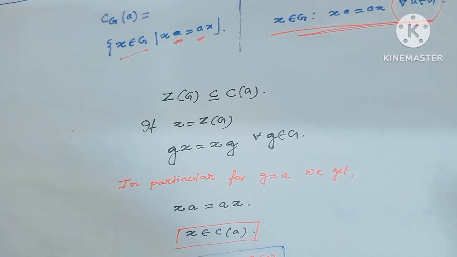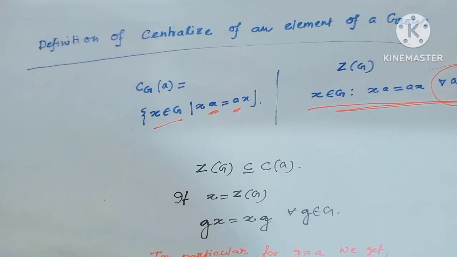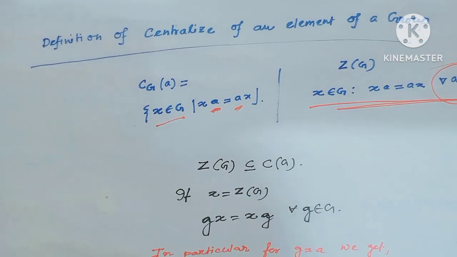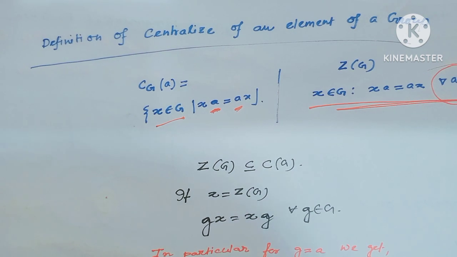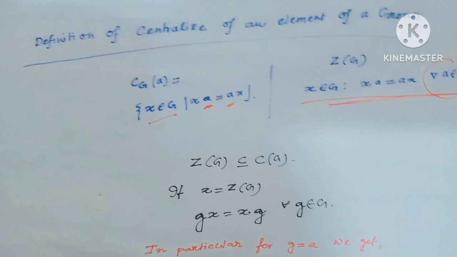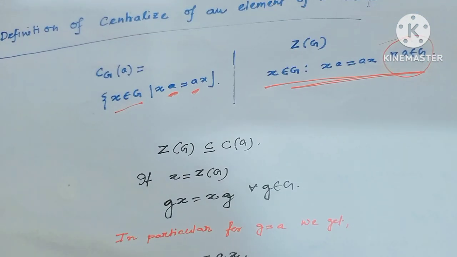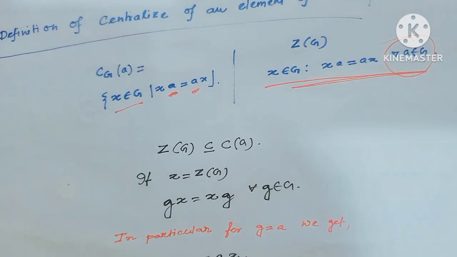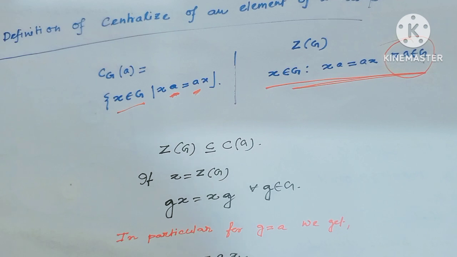So always Z(G) is contained in the centralizer of a, because the centralizer of a means the set of those elements which commute with only the particular element a, but the center means the set of those elements which commute with every element of the group G.